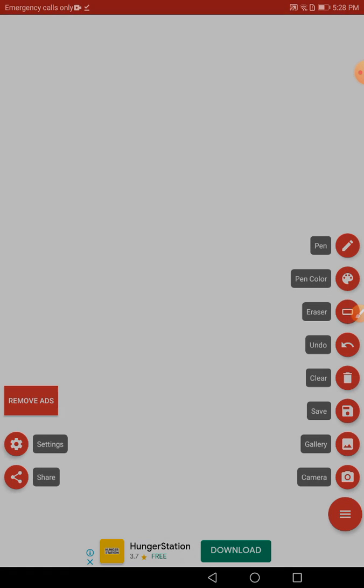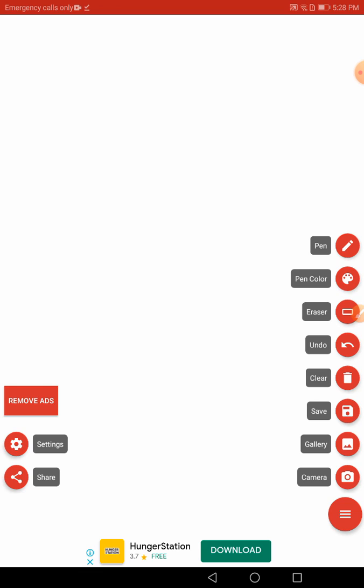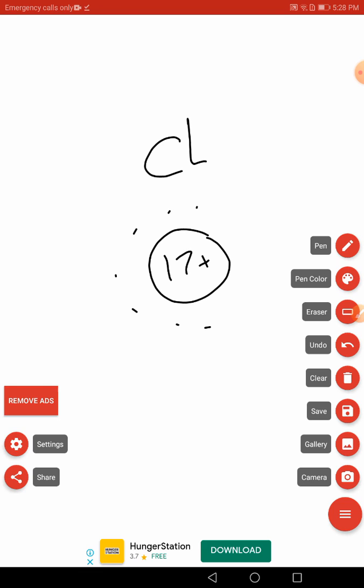Another example for that, chlorine, Cl. It has 17 protons, and around it you have 17 electrons, or 17 negatively charged.